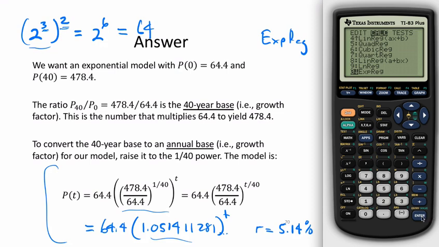You select exponential regression, you specify where your inputs are, L1, comma, specify where your outputs are, they're in L2, comma, and store the regression equation in y1. For you with the other interface, xlist is L1, ylist is L2, store regression equation is y1. And then you hit calculate. I hit enter to do the calculation.